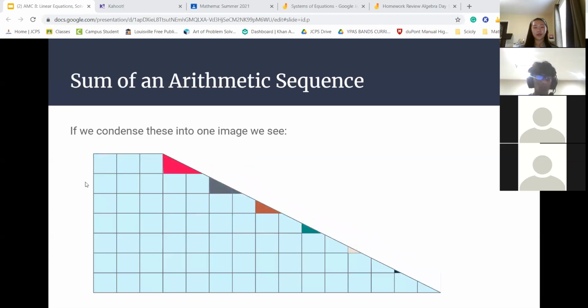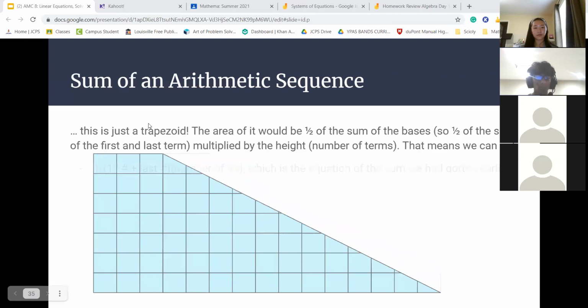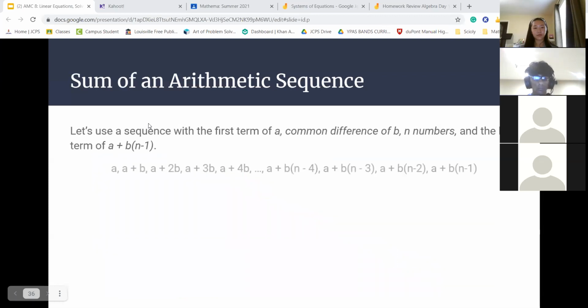Okay, now let's go back to our order. So, again, the sum of an arithmetic sequence. Let's use a sequence with the first term of A and a common difference of B. This sequence isn't going to be infinite.